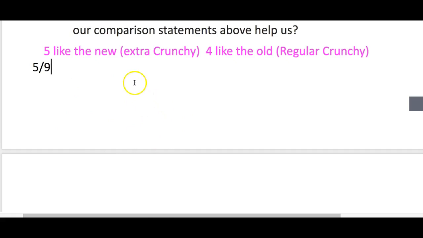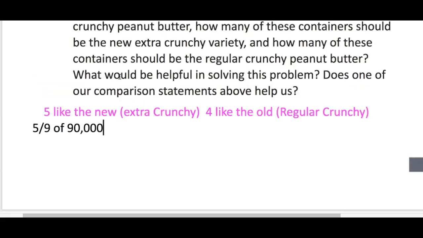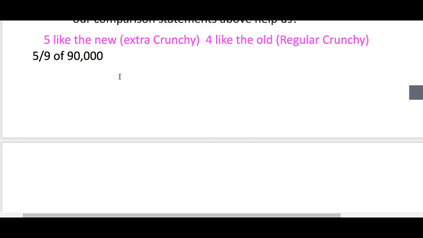You could also say, okay, 5/9 of 90,000. That's a lot of peanut butter. Do you see how turning our ratio into a fraction will help us? Now, if you remember how to do fractions, we now can set up a math problem.